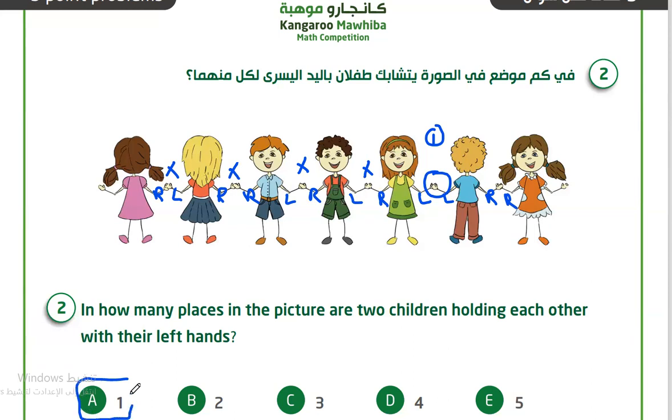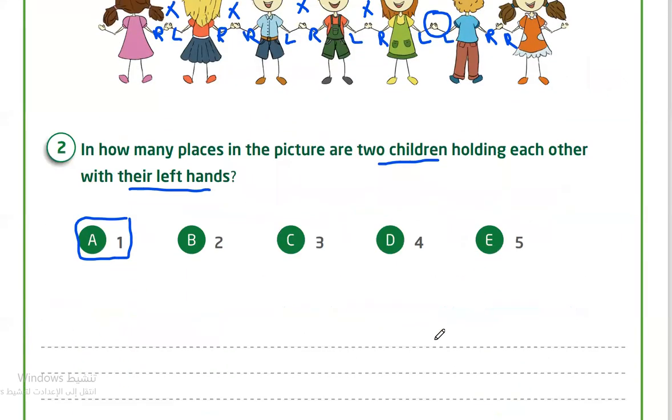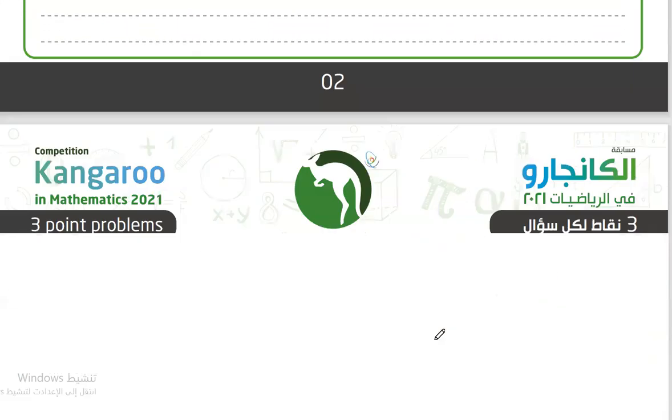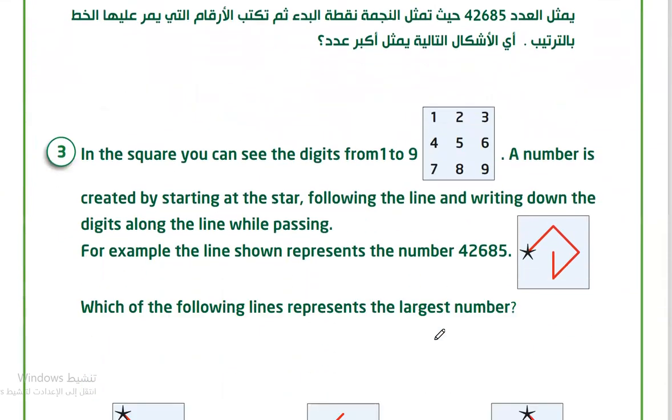Only one. The answer is A. Is it clear? Yes, it's clear. Right, because the question said, how many places in the picture are two children holding each other with their left hands only? So left hands only, with a girl and a boy, like this, left and left. Is it clear? Yes. Good. Okay, now number 3.